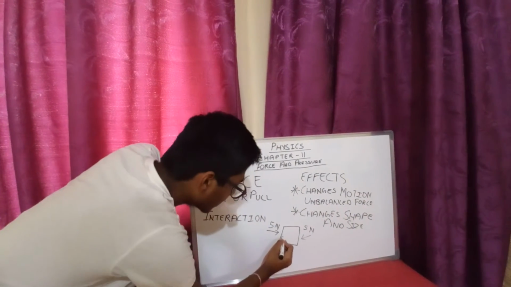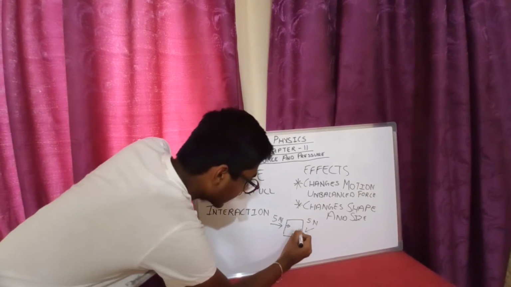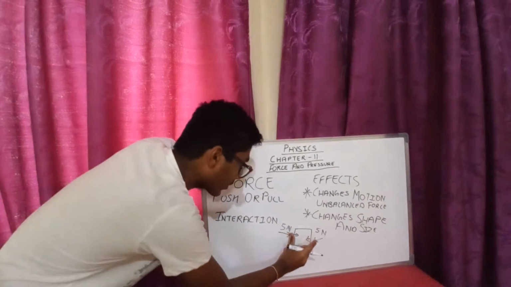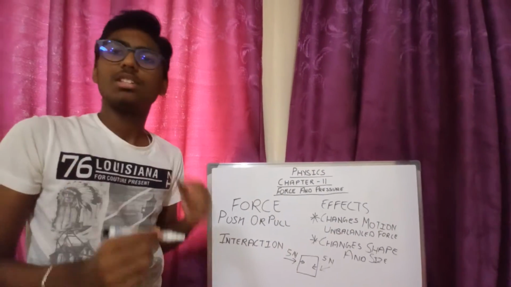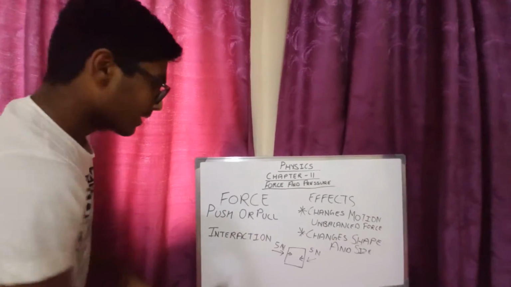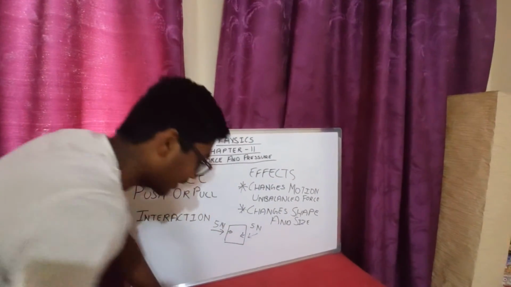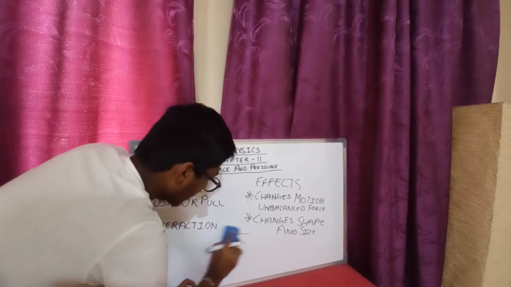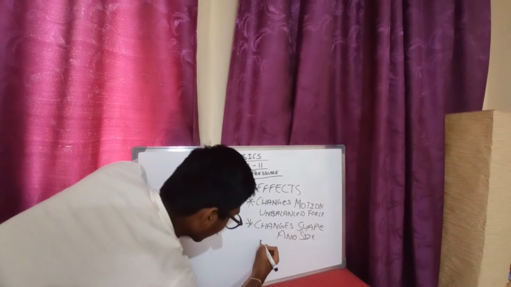Because of this, the walls of the box contract and there's a change in the shape. This happens because of balanced forces. So shape gets changed because of balanced forces.